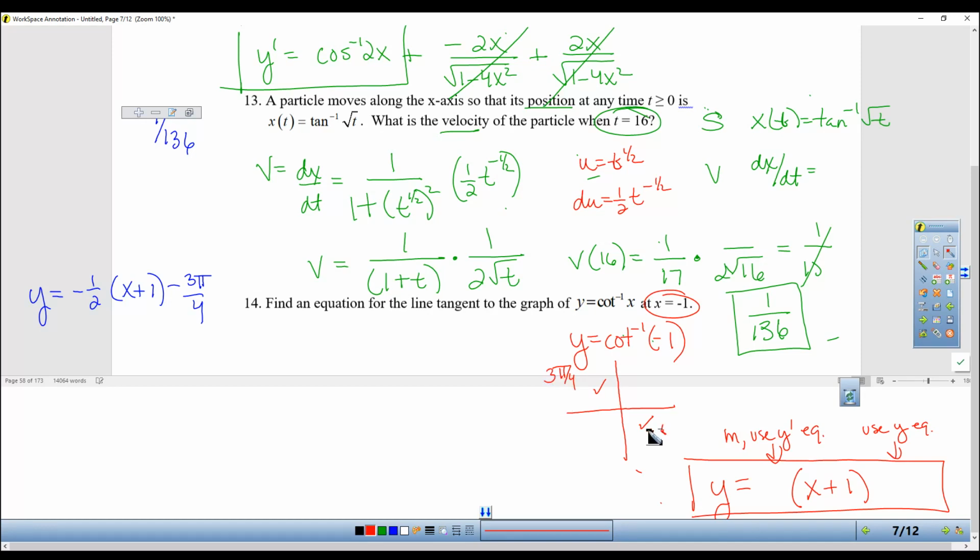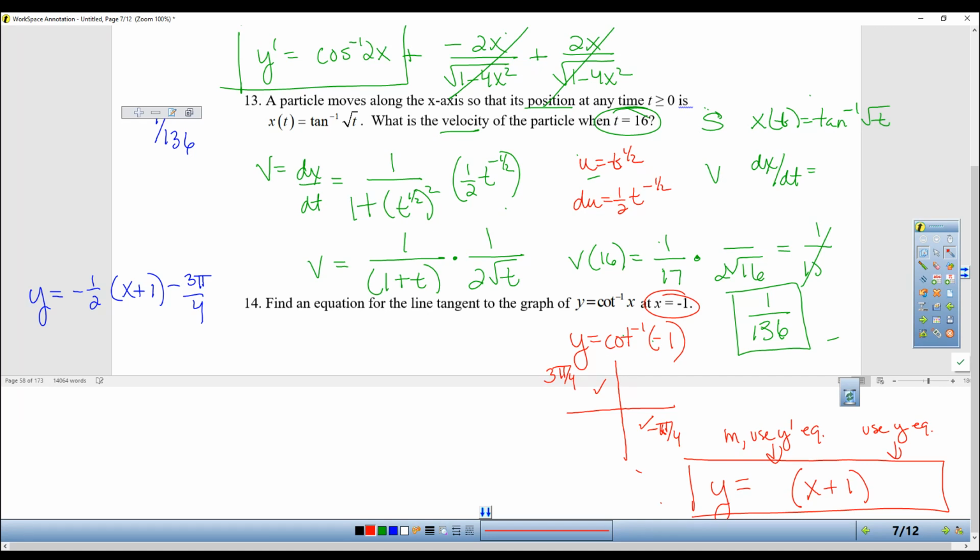So 3 pi-fourths or negative pi-fourths. What you have to do, though, is remember which two quadrants the answers for cotangent are in. Unfortunately, I don't think that we spent a lot of time on that. You might remember that inverse tangent was always quadrant 4, and inverse sine was quadrant 4, and inverse cosine was quadrant 2, but we didn't spend very much time on cotangent, secant, or cosecant.